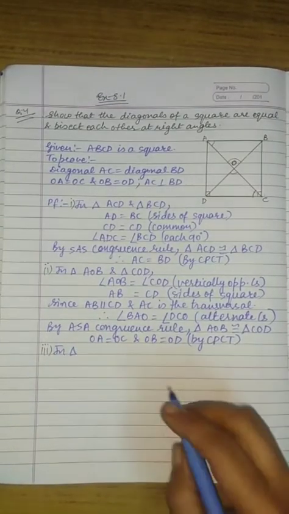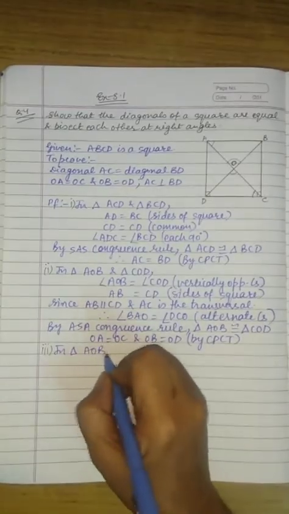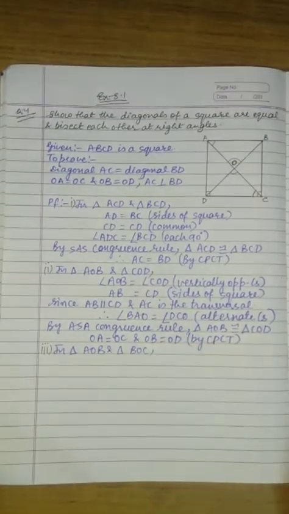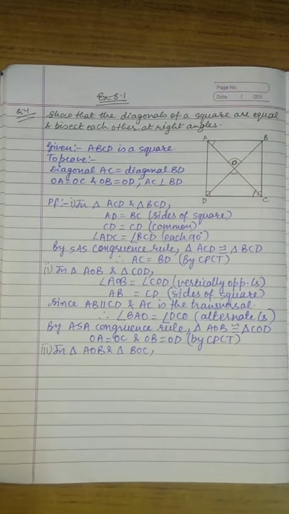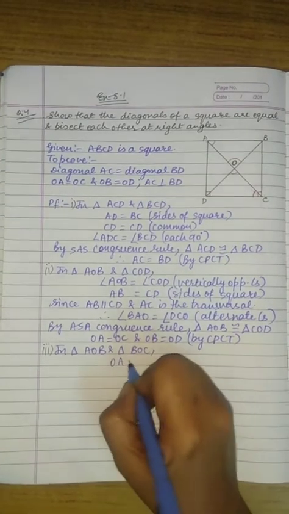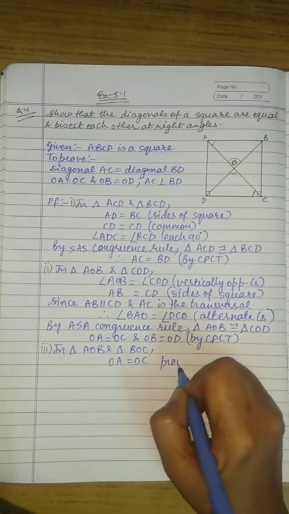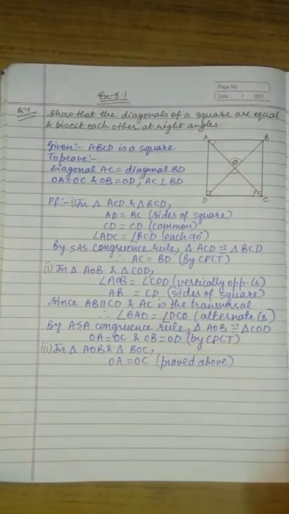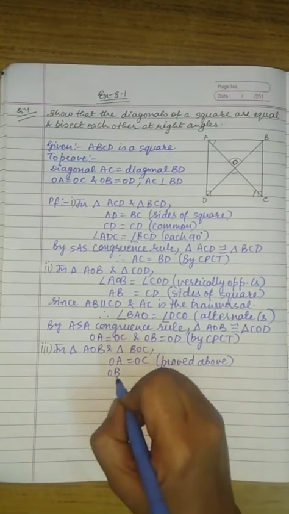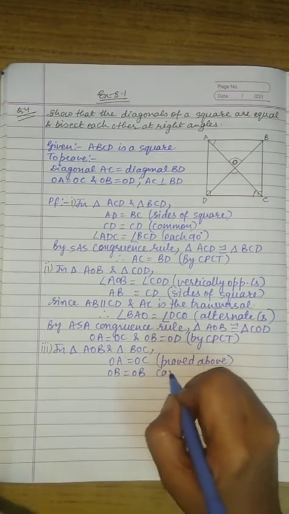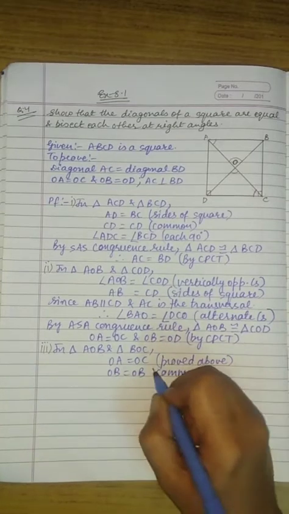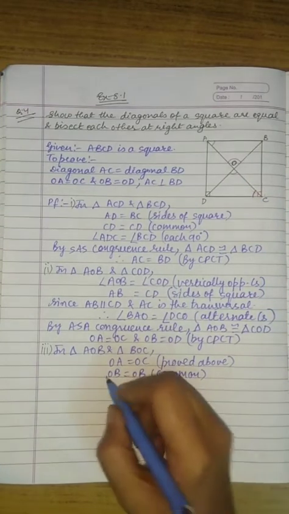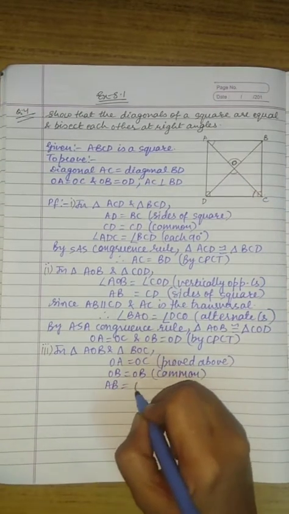So in triangle AOB and triangle BOC, in these two triangles already we have proved that OA is equal to OC, proved above. So OB is equal to OB common, and then last AB is equal to BC, sides of square.